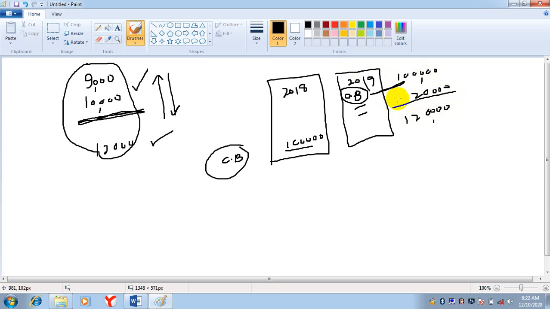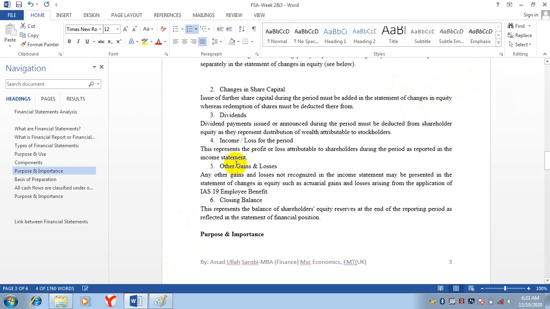If new shares are issued, it means more equity is coming to the business, so we will add it. And if there is redemption, it means we bought shares back from the shareholders, so we are paying money to the shareholders, and then we will deduct it from the shareholders' equity.